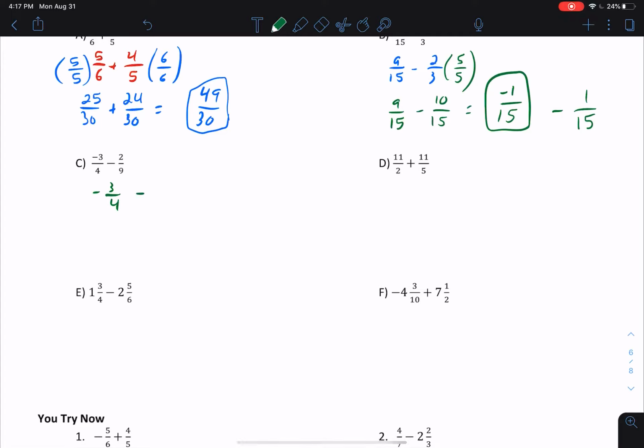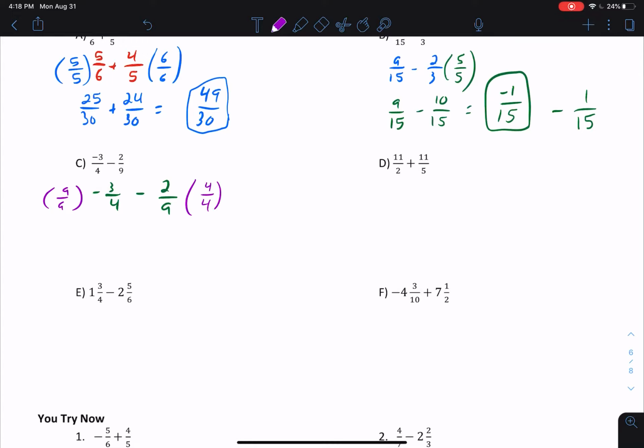Negative 3/4 minus 2/9. And we have to ask ourselves, how do I get common denominators here? What do 4 and 9 both go into? Well, 4 and 9 both go into 36. So I'm going to multiply the first fraction by 9 over 9 and the second fraction by 4 over 4.